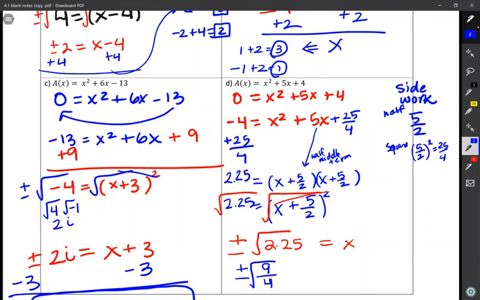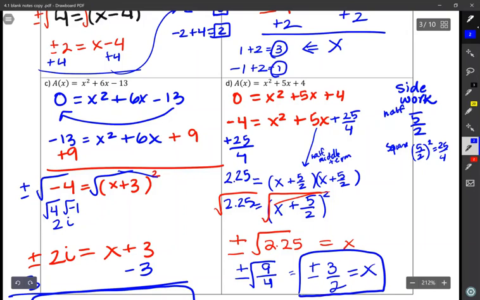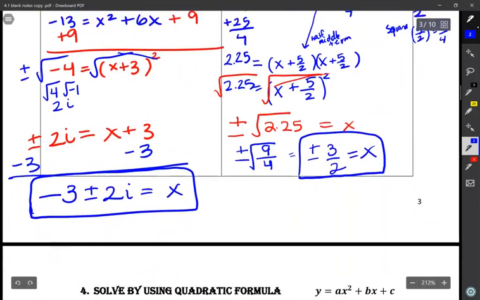And that I actually can take the square root of. Square root of 9 is 3, square root of 4 is 2. So it's actually plus minus 3 over 2 equals x. And most of the time, they set it up so that you can take the square root of the numbers under there. All right. Not too bad.